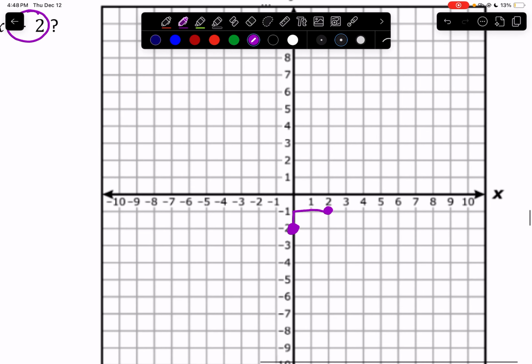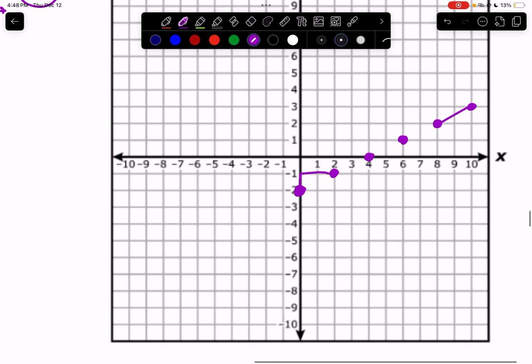If I'm doing this on paper, I'm going to keep going until I run out of points. So I'm going here, here, here. Then I'm going to go back to the original and go the other way: down 1, back 2, down 1, back 2, down 1, back 2. And there we go, out of room.